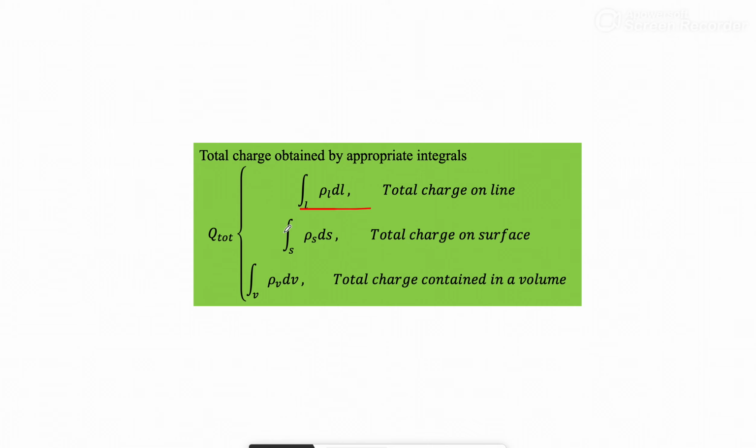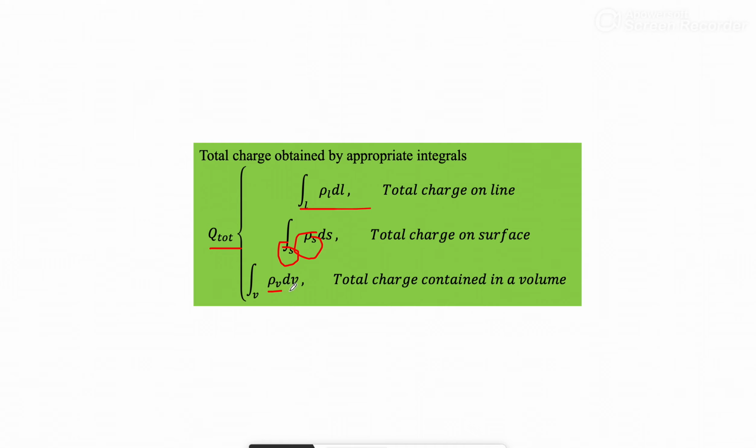If you integrate the surface charge density over the surface, this becomes the total charge, which is a surface integral. You can do a volume integral to find the total charge that is contained inside any volume.